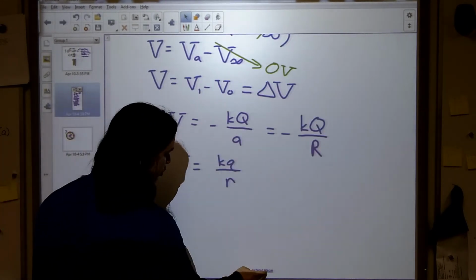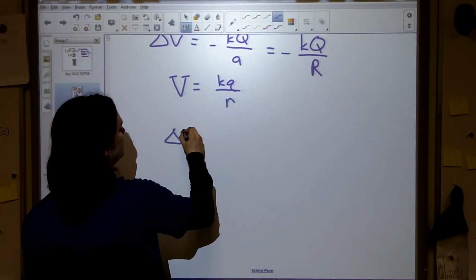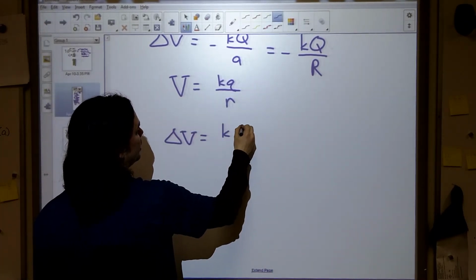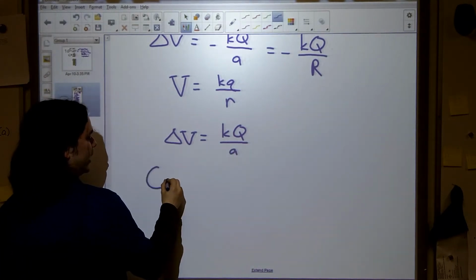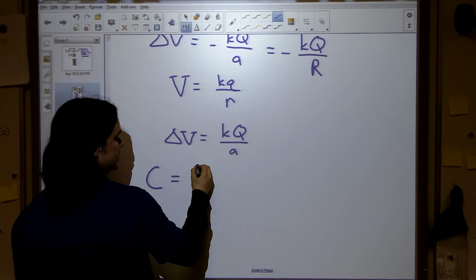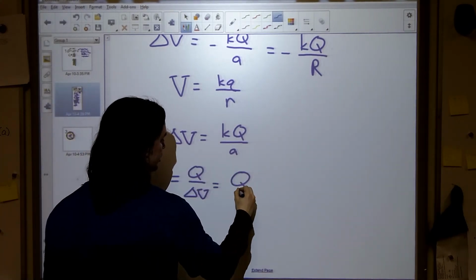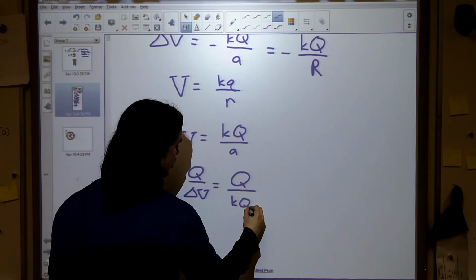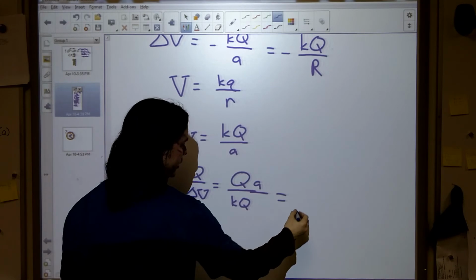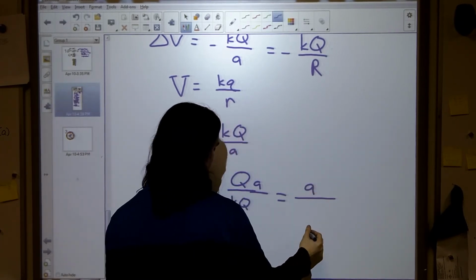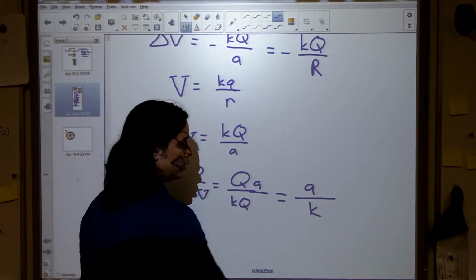Here I am forgetting important stuff. So delta V is equal to KQ over A. And what we were actually after is the capacitance, which is equal to Q divided by delta V. Well, that would be Q divided by KQ over A. I'm going to flip A back up here, and we end up with A divided by K, where K is Coulomb's constant.